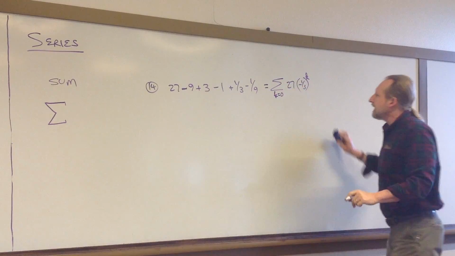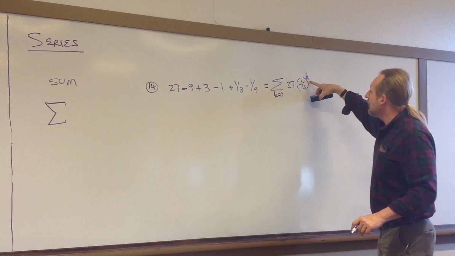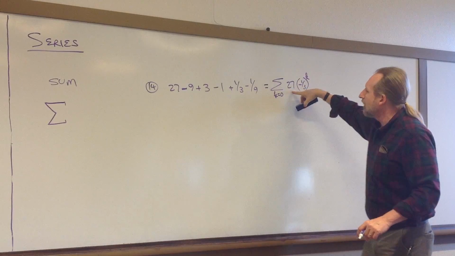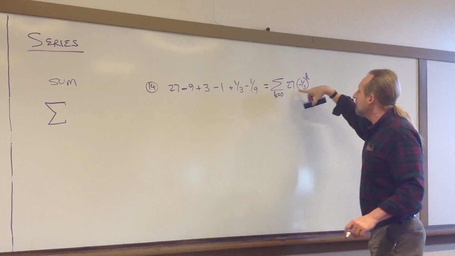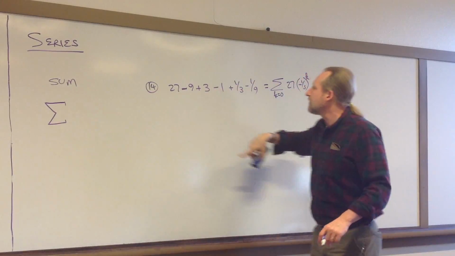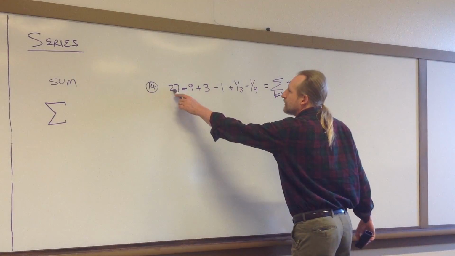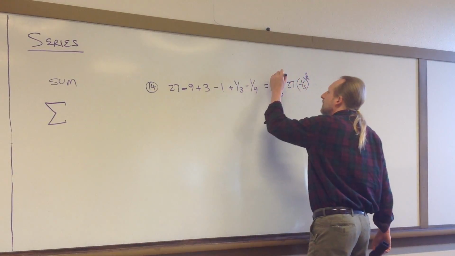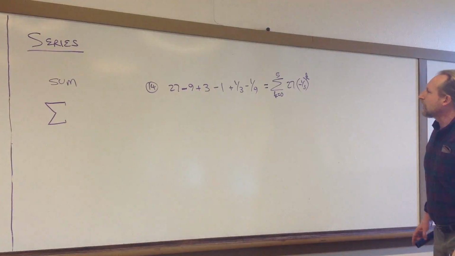If I'm going to start k at 0, then this works just fine, right? k equals 0, this to the 0 power is 1, there's our 27. When k is 1, it'll be 27 times negative a third, which is negative 9, and so on, okay? And we can just count off here, 0, 1, 2, 3, 4, and this will go up to 5, okay? That's one way of going about it.